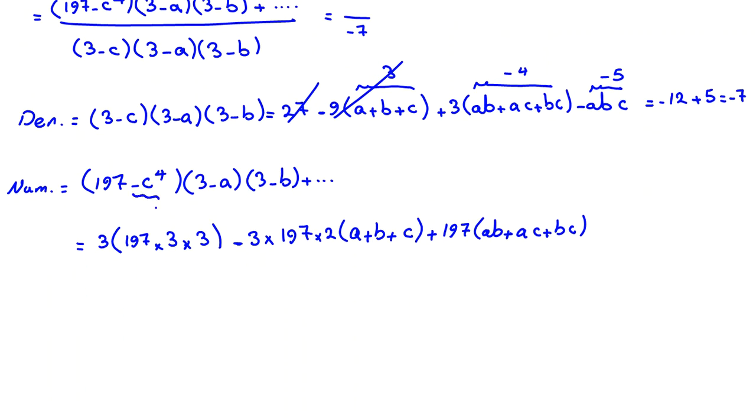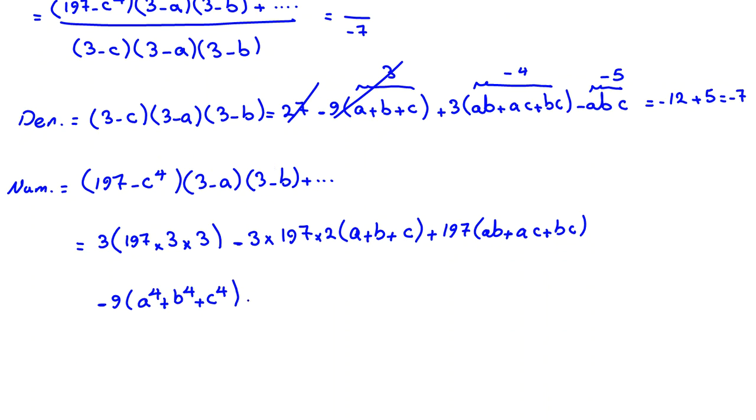Now let's consider negative c to the 4. When we multiply negative c^4 by 3, it will be 9 times negative c^4. So we can factor out negative 9, it will be c^4 plus b^4 plus a^4. So we write like this for other terms also if you consider. Then negative c^4 times 3 times negative b. So negative, negative, positive.